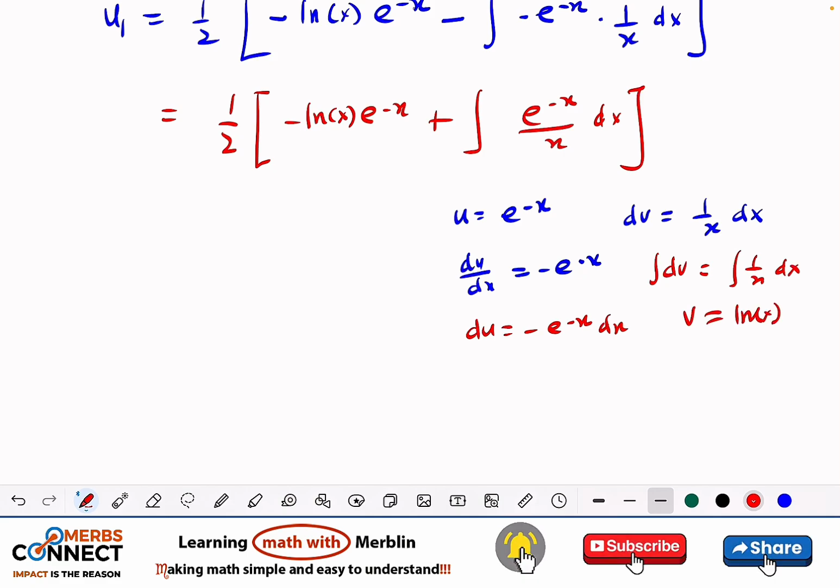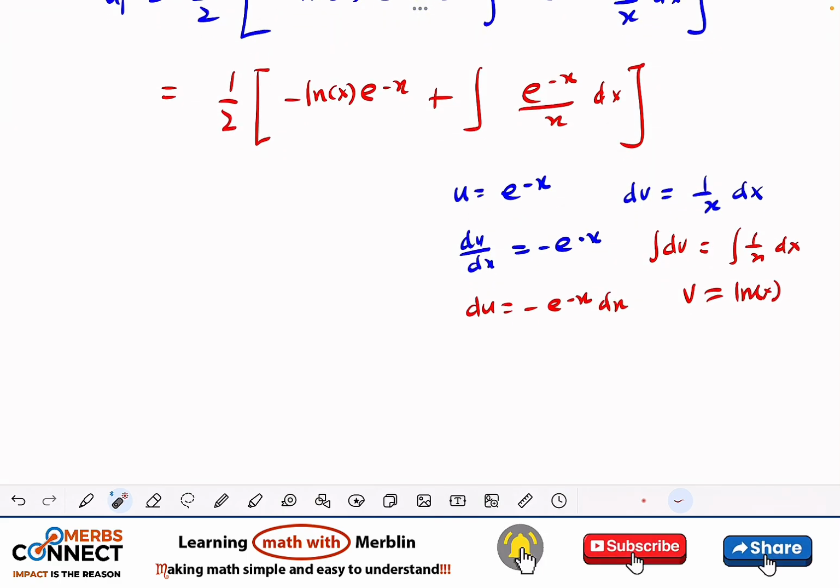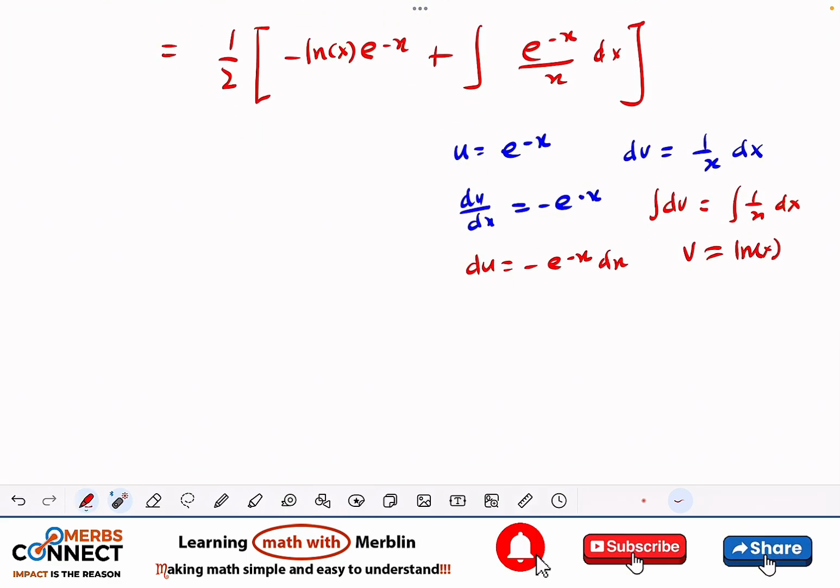So basically, I want to go back again. So what I'm doing here is basically for this part here. So let's see what happens. So I'm just doing what is inside the bracket here.